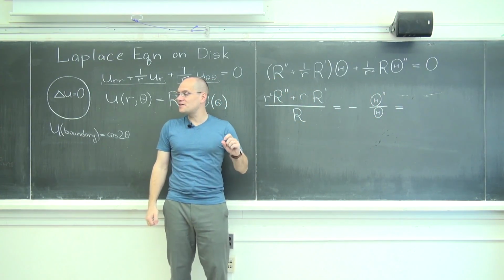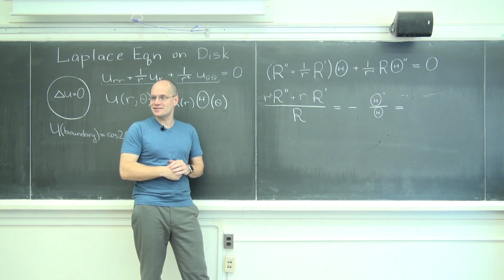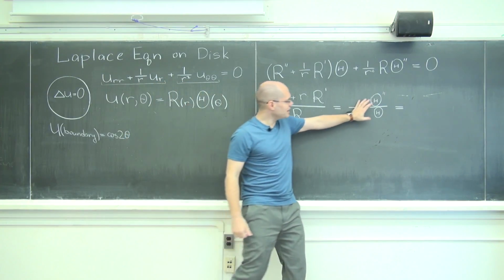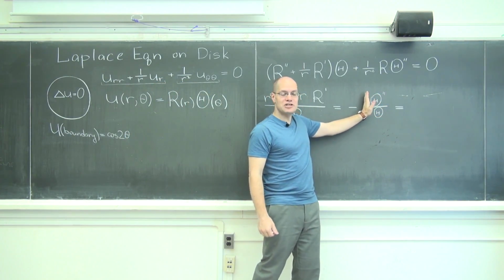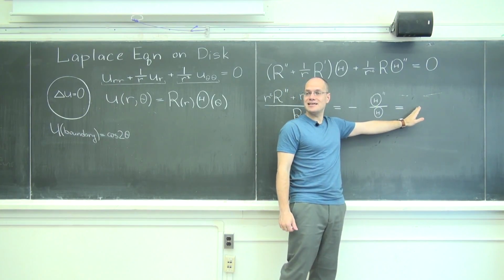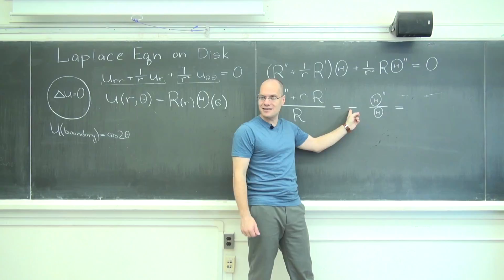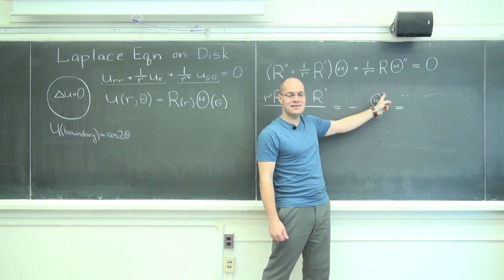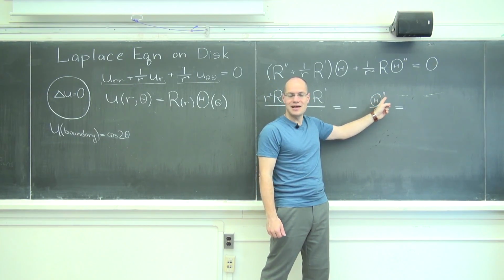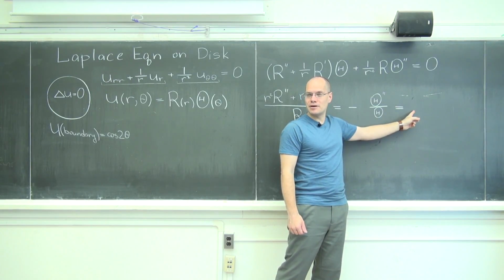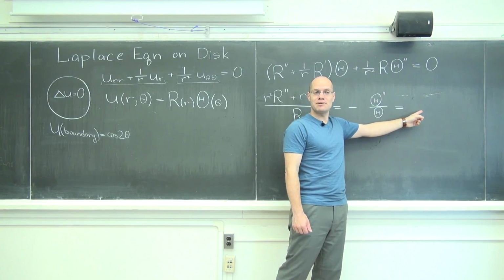Will it be a positive constant or a negative constant? What are we going to end up with for the equation for theta? Whatever this constant is, the equation that we'll end up with, don't forget this minus, is that the second derivative of theta equals that number, whatever that constant is, minus that number times theta.